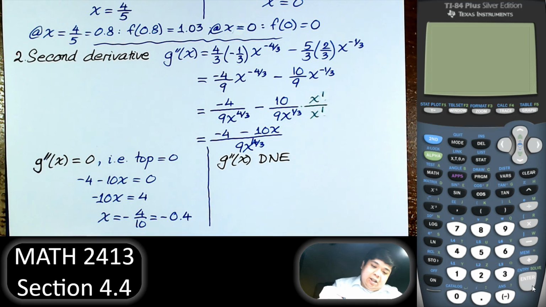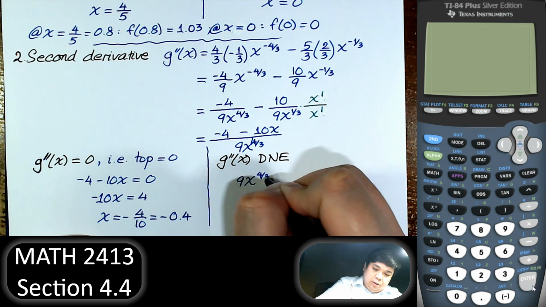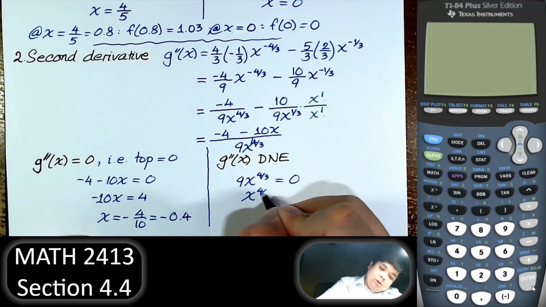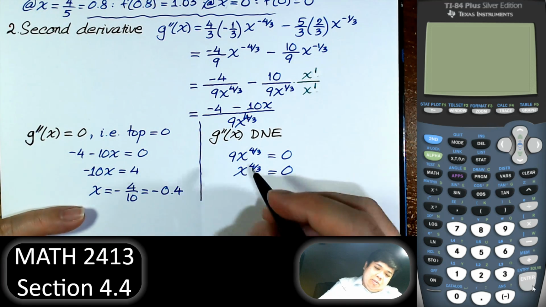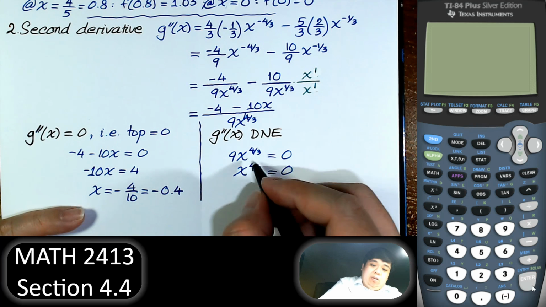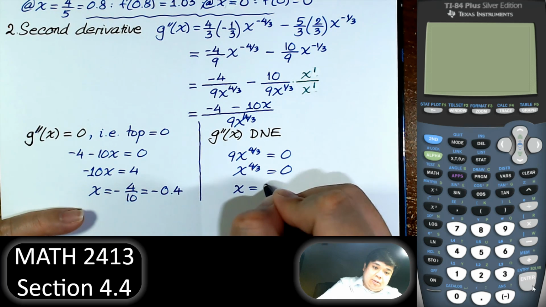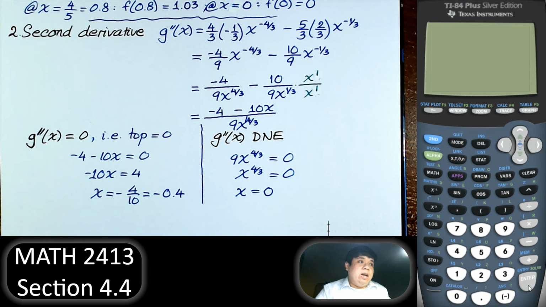And then the second derivative does not exist: 9x to the 4/3 equal to 0. Anything raised to a power that equals 0, the only way that happens is when the base x is equal to 0. Once again, we will evaluate the function at this point.